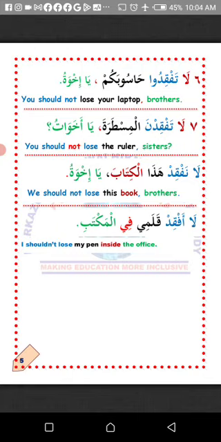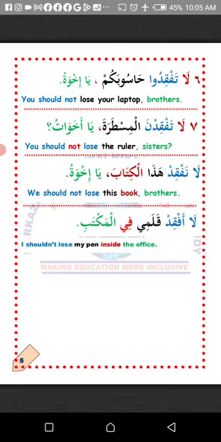لا أفقد قلمي في المكتب. لا أفقد, I should not lose قلمي, my pen, في المكتب, in the office. Remember, مكتب means table. مكتب can also mean office, just like maktabatun.